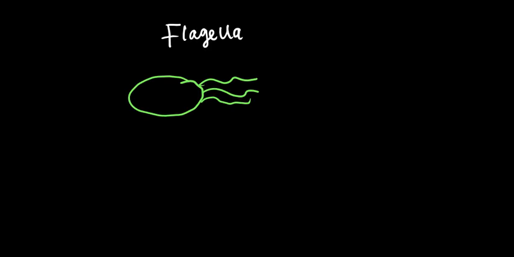It's made in such a way that it's able to propel this bacteria and enable it to undergo locomotion, so it's able to move from one place to another. This flagellum is made of a complex structure or a protein that we call flagellin.